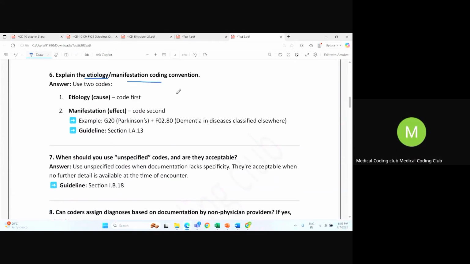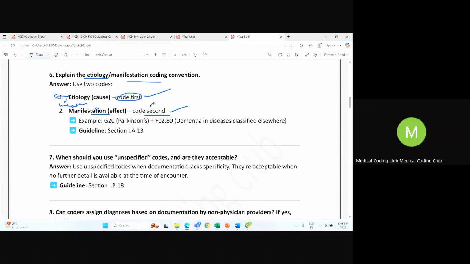Explain etiology and manifestation coding convention. Etiology will be coded first, and manifestation will be coded second. What are the instructional notes you are going to see? Under etiology, you will see the instructional note, use additional code. And for manifestation, you are going to see code the condition first.